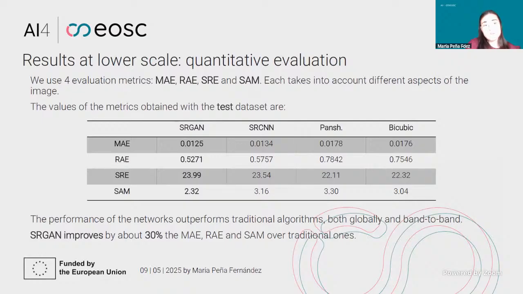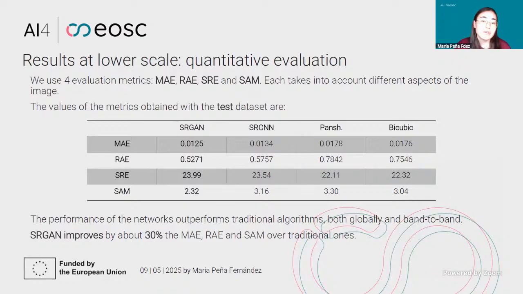We used 4 different metrics that take into consideration different aspects of the image: the mean absolute error, the relative absolute error, the signal to reconstruction error ratio, and also the spectral angle mapper. In the table, you can see the different results obtained for the test dataset, and you can see that the performance of the networks is much better than that of the traditional algorithms.